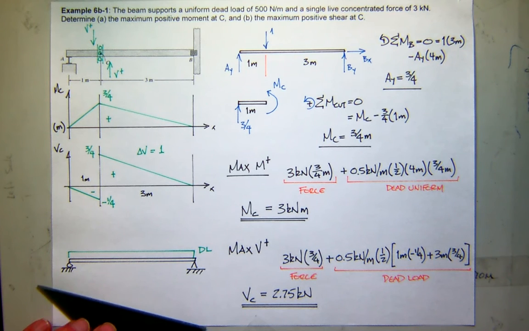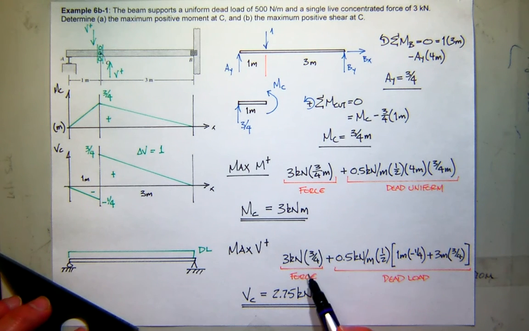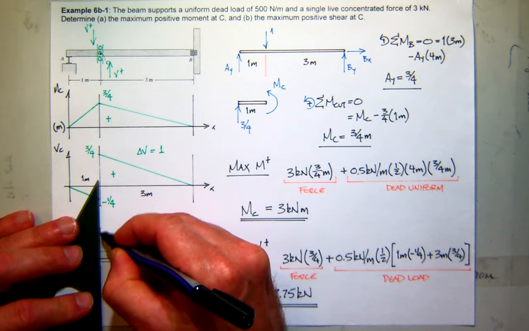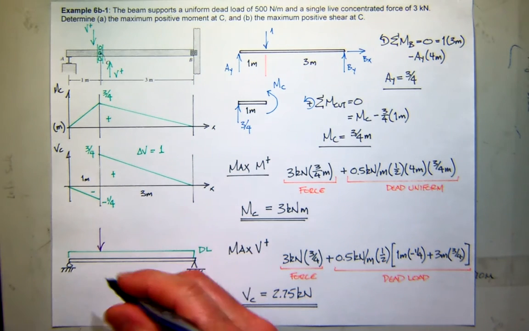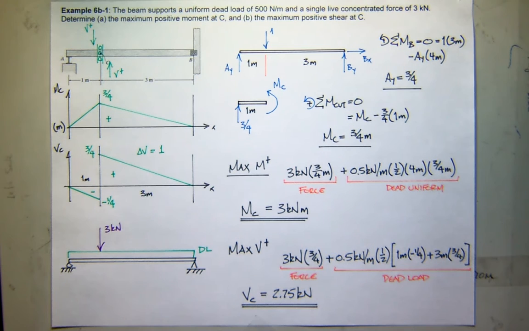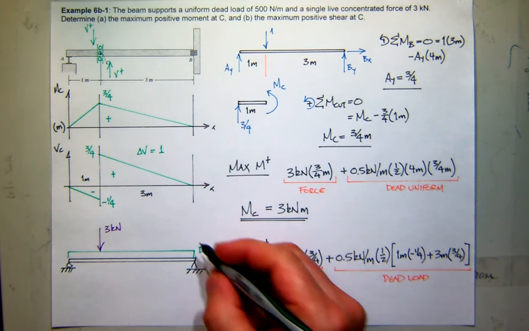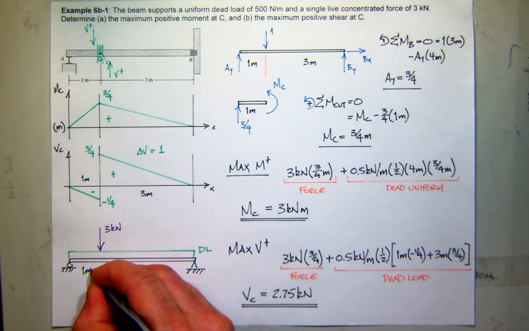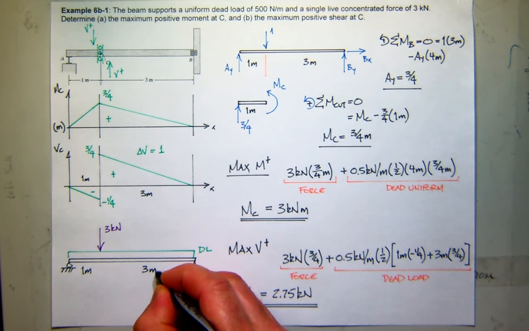And then we're going to apply the force component here at the maximum value, which just happens to be at the same position for everybody. So here's where my 3 kilonewton force will be, and of course the dead load is applied everywhere, and that would be 1 meter and 3 meters.